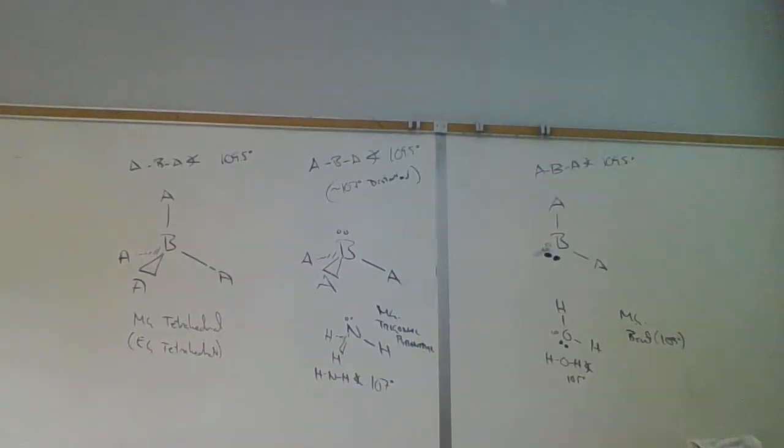So here we see the three molecular geometries for tetrahedral electron geometry: 4 bonded atoms, 3 bonded atoms and 1 lone pair, 2 bonded atoms and 2 lone pairs.